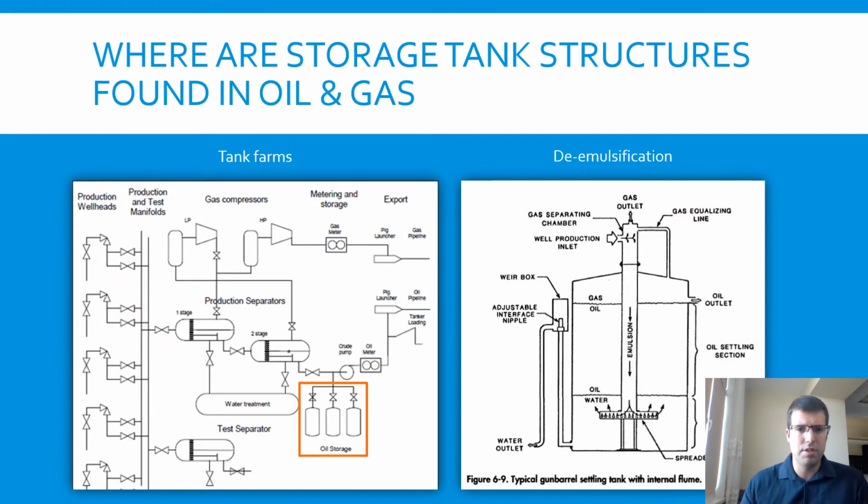these types of structures are found in the oil and gas industry in two main areas. The first one is to store liquid products, namely oil, condensate and separated water. And it can also be utilized in the process, namely for the emulsification of oil and water.